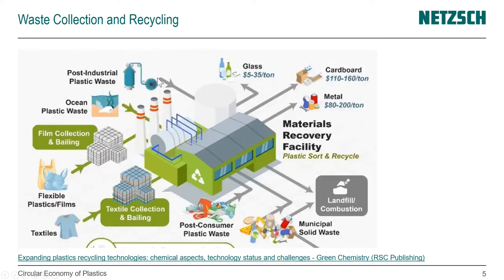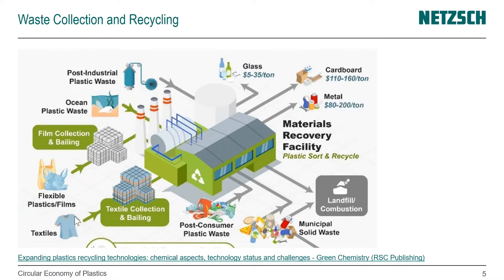So if we take a closer look at the upper part, plastics really play a role in the post-industrial plastic waste. It can come from ocean plastic waste, from flexible plastics and films. Textiles have a huge portion of synthetic or polymer fibers. And then we can have post-consumer plastic waste and municipal solid waste.